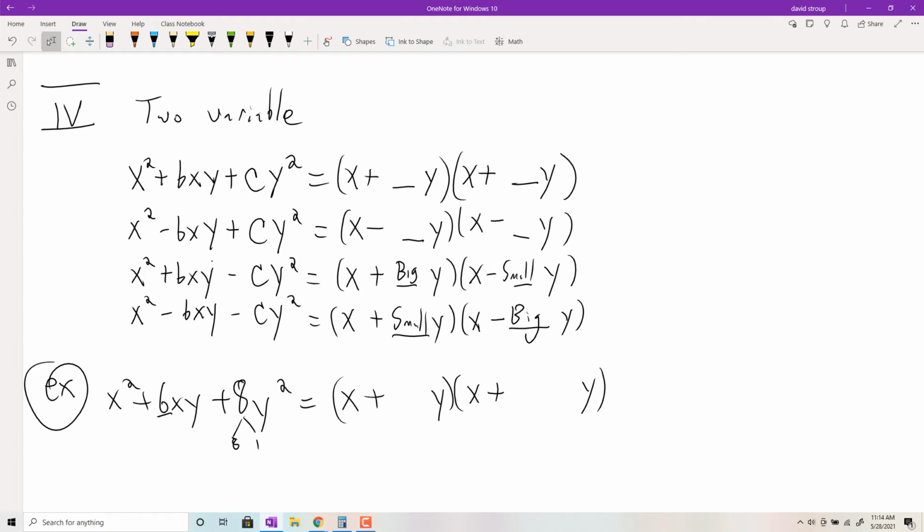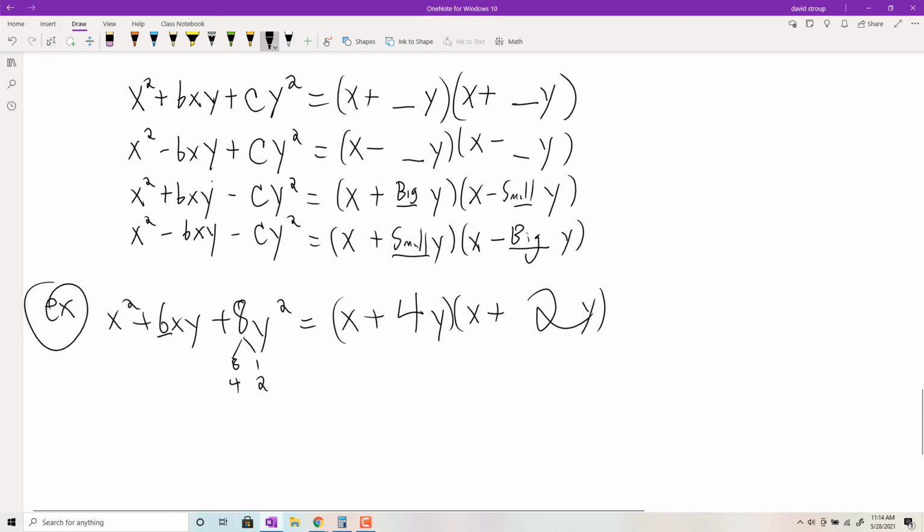So 8 and 1, no. 4 and 2, right? 4 plus 2 is 6, so that will work. So I just put 4y and then 2y. I can't leave it like that. Let me rewrite it. x plus 4y, x plus 2y.